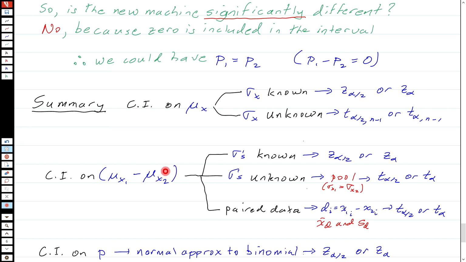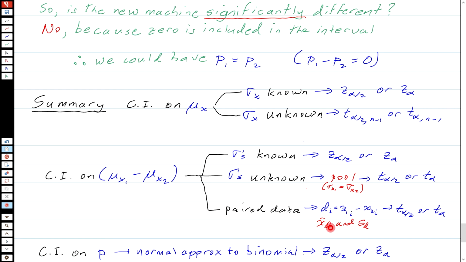And then the third case that we had on this was when the data was paired. And here you want to take a look at the pairs of data and see if there's something in common between them. If there is, then it's paired data. So that means there's a correlation between our observations. And the way to get rid of that correlation is to take differences and then concentrate on the Di values. So Di is defined as the difference between x1i and x2i.